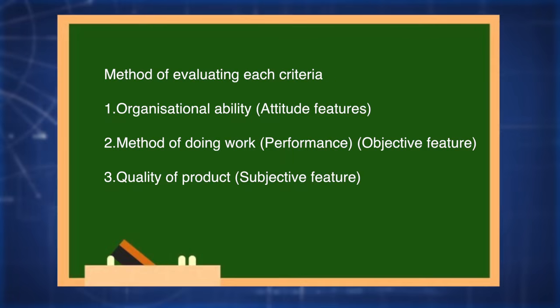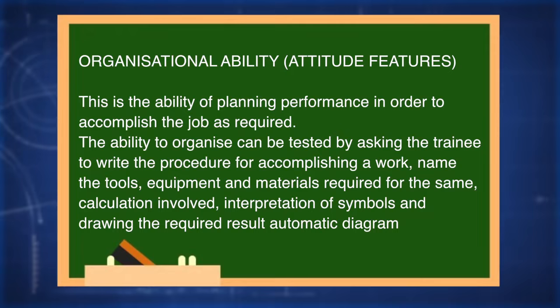Now we will see the method of evaluating each criteria, that is aptitude features, objective features and subjective features. First, in aptitude features, what are the criteria we have to follow? It is the ability of planning performance in order to accomplish the job as required. Then the ability to organize can be tested by asking the trainee to write the procedure for accomplishing a work, and the names of tools, equipment and materials required for the same.